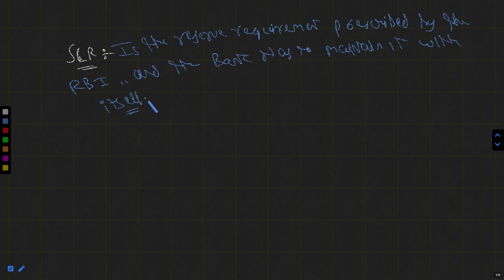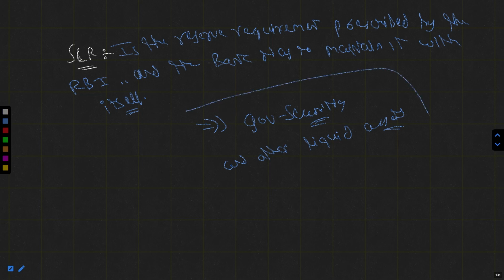Okay, so SLR is also a reserve, but unlike the CRR, where the bank has to place the reserve with the Reserve Bank of India, the bank could have a reserve with itself. Basically, they could purchase government securities and other liquid assets. Okay, so this is the SLR.